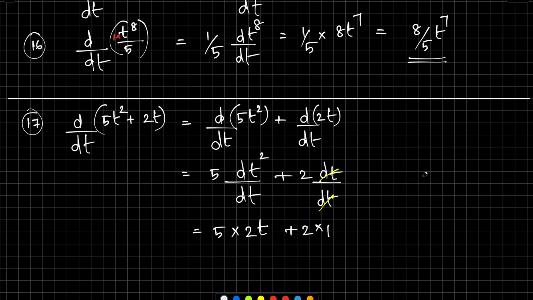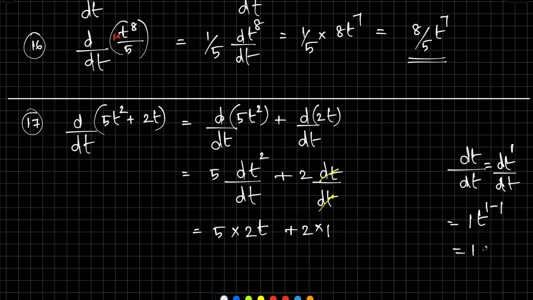Okay, let's solve d by dt of t. I'll show you why it is 1. d by dt of t equals d by dt of t to the power of 1. t to the power of 1 is t, right? So n equals 1. So what's the standard form? n, the variable, to the power of n minus 1, right?